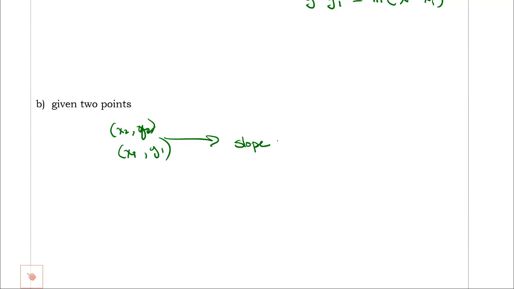And does the line go through both points that they gave you? Given 2 points and a line through them, it doesn't matter when you use point slope whether you use this point or this point, right? Because how many points are there in a line? Infinite. Just pick one of them with the slope and it will describe all the other points, right?